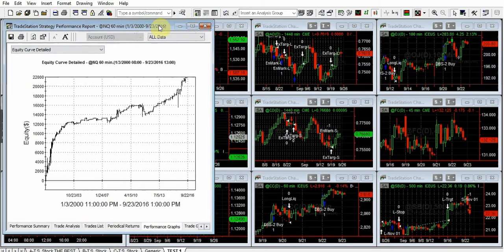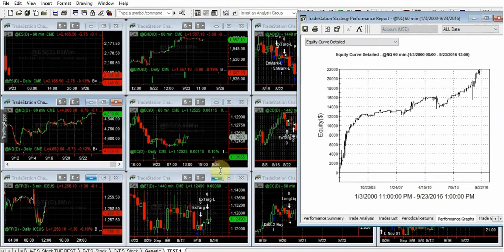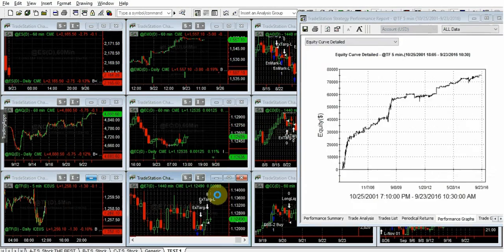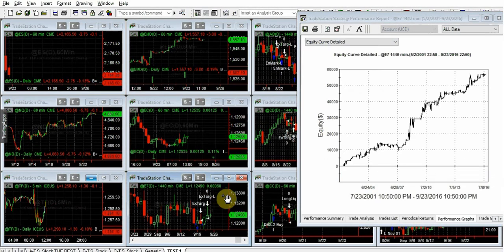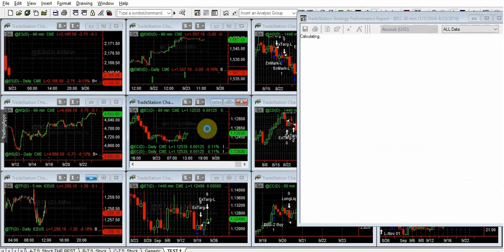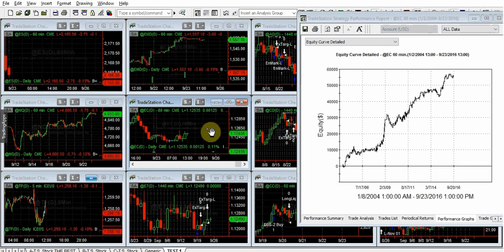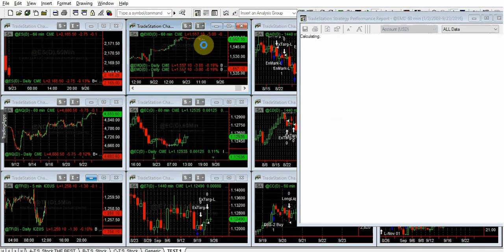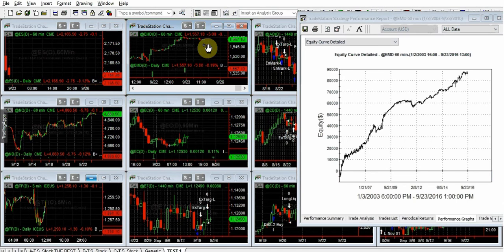So we have currencies daily, mini Euro FX, Euro FX, in this case intraday 60 minutes. E-mini S&P MidCap 400. So we are now moving to the indexes.